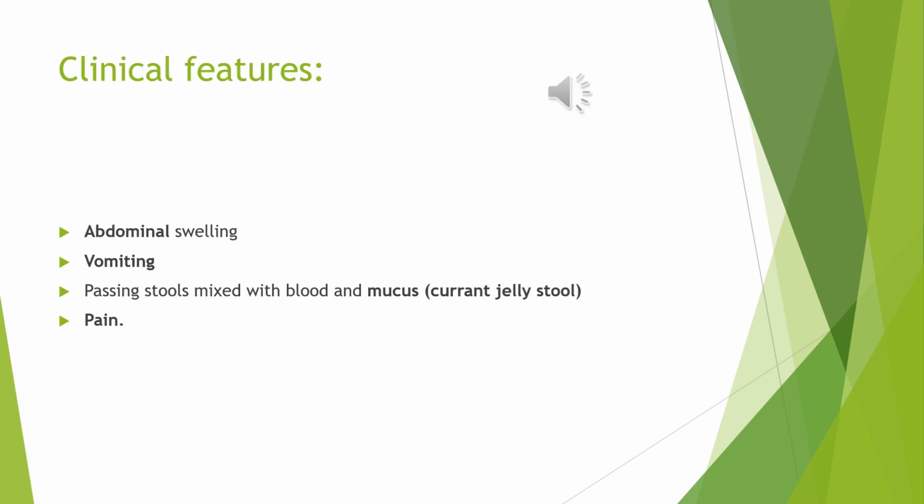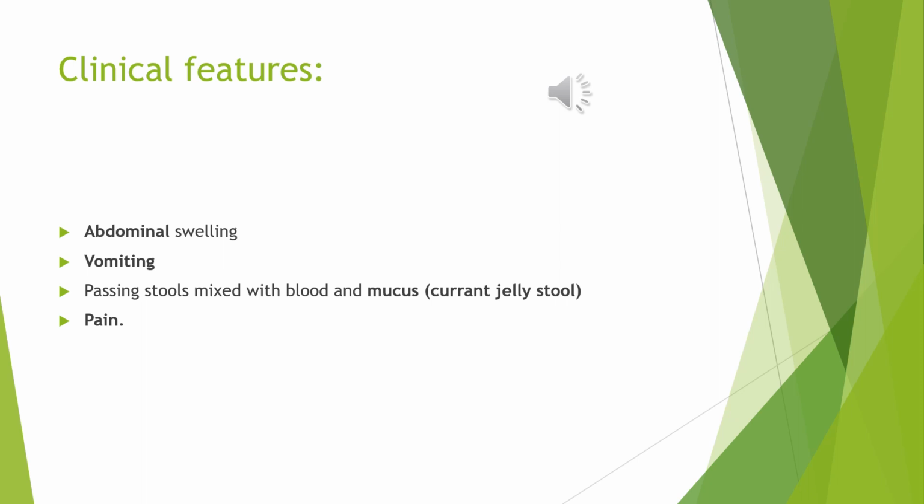When we suspect intussusception, especially in children under the age of 2? You suspect it when you receive a child in the emergency room complaining of abdominal swelling and distension associated with vomiting and passing of stools that are mixed with blood and mucus, and it is typically called a currant jelly stool.